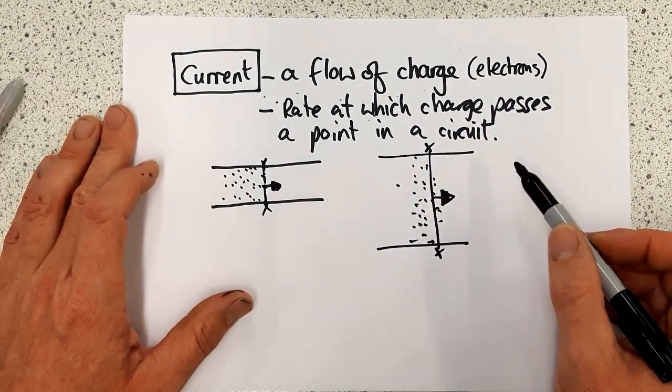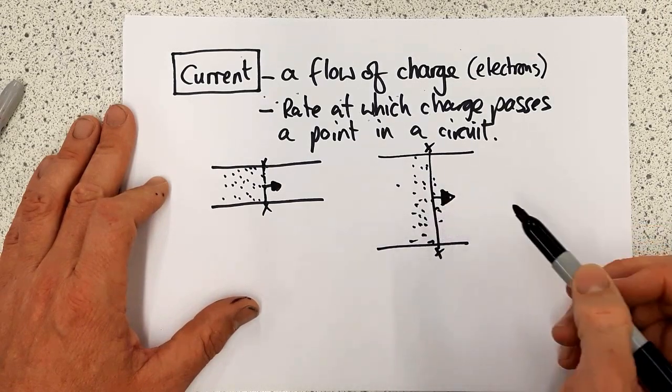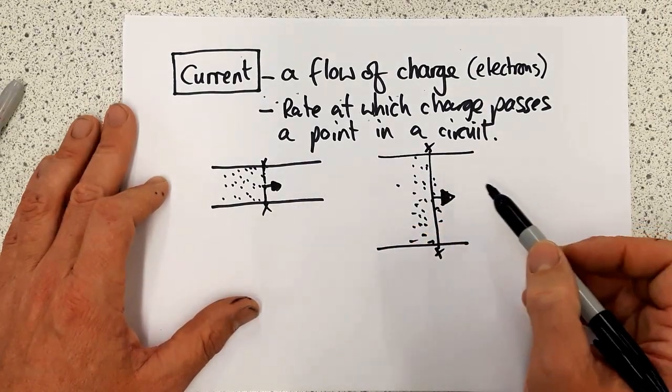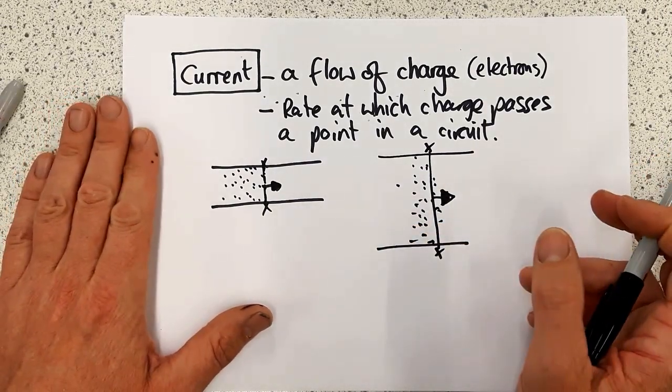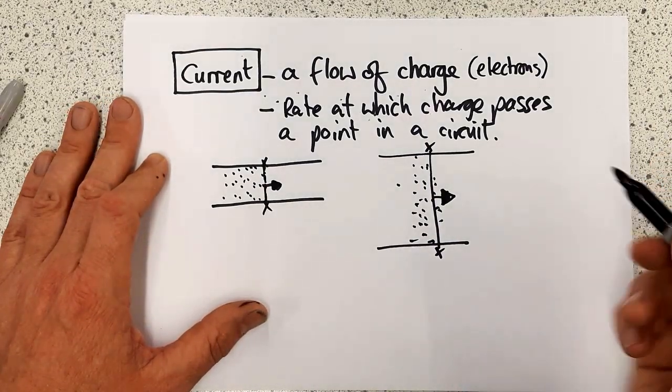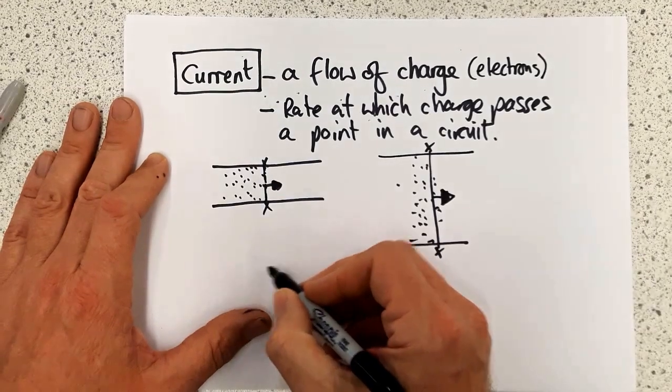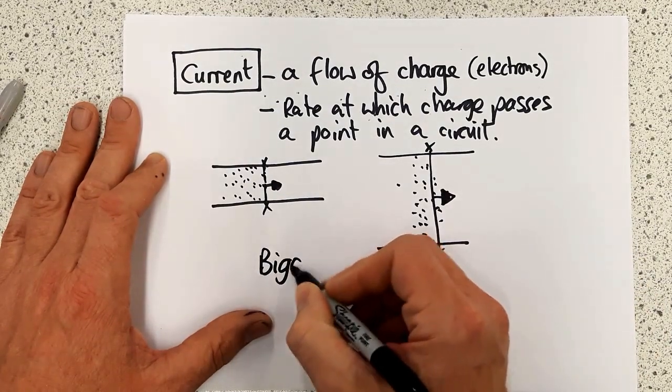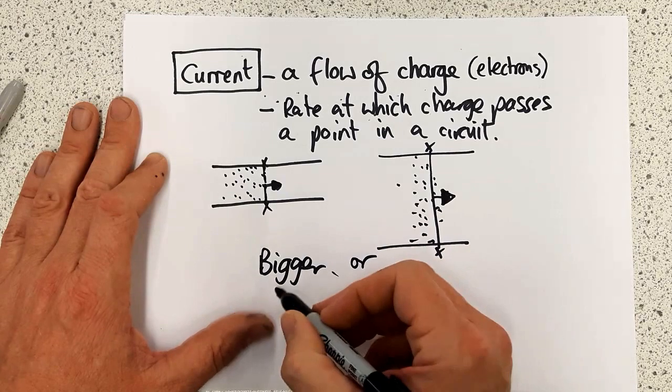So the current really depends on how many electrons are moving and how fast they're moving. One problem that pupils often get into trouble with is they say that the current moves faster. And we really just want to get into the idea of the current being bigger or smaller.